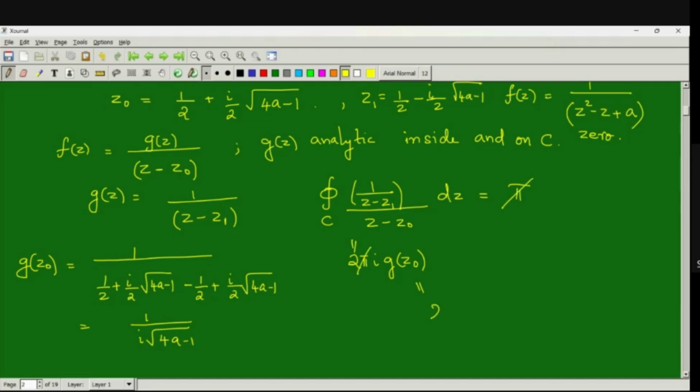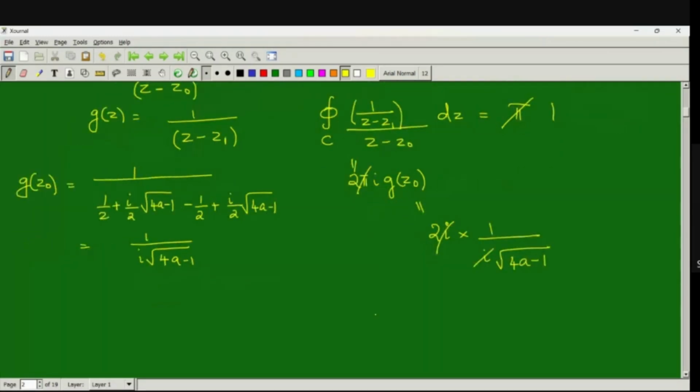This is 2i into 1 by i square root of 4a minus 1. i and i get cancelled, and that side is 1. So what we have is that 2 is the same as square root of 4a minus 1. Or otherwise, 4 is 4a minus 1 and a is 5 by 4.